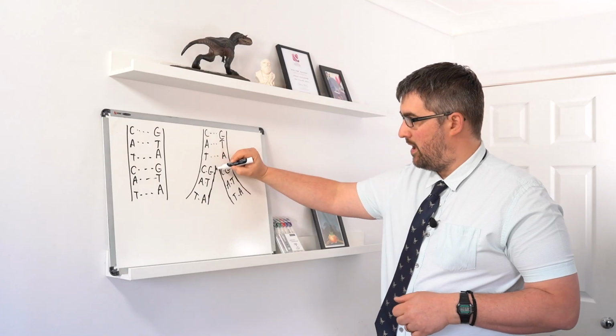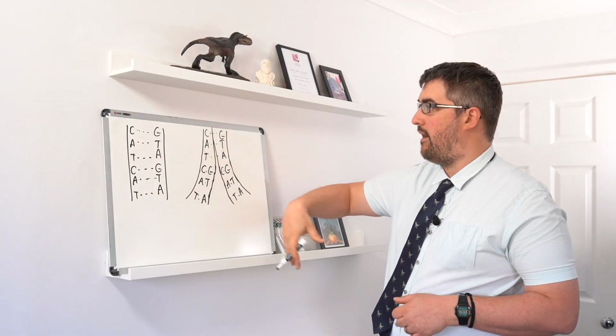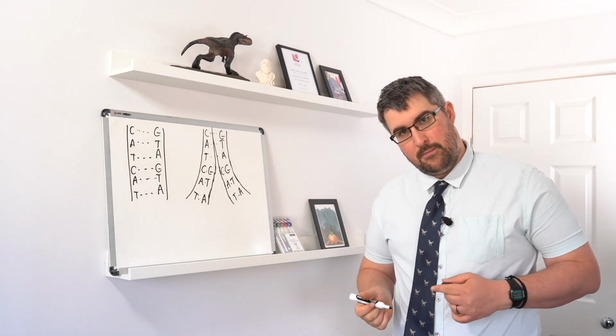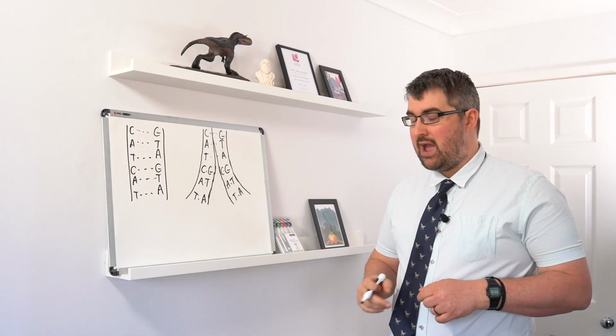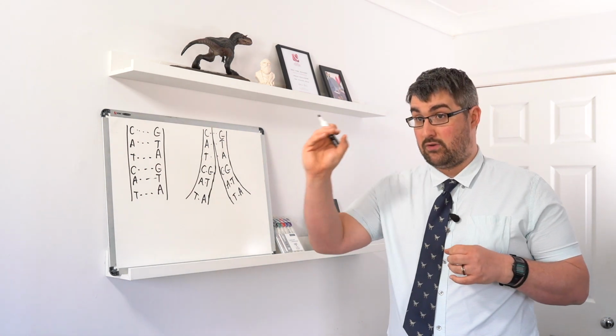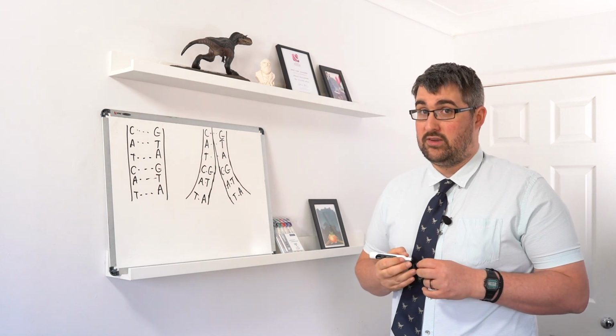I'm not going to draw all the way up here, but you can appreciate that that strand would carry on unzipping because of helicase. More free nucleotides would come in, form complementary base pairs. DNA polymerase would come along and join together and form phosphodiester bonds between all those adjacent base pairs.